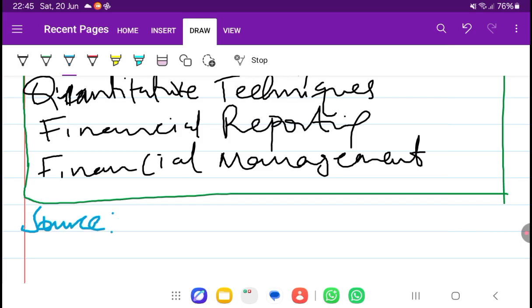Of course, we have got it from the Institute of Certified Public Accountants of Uganda. If you have got this information from a website, you just put the website where you have got this information. And that's it.